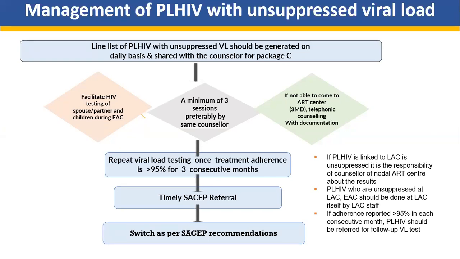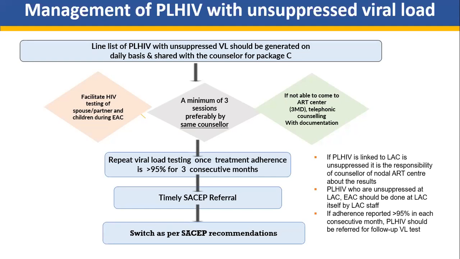And if the adherence has improved to more than 95%, a repeat viral load testing should be performed after 3 months. If in the repeat viral load testing the viral load comes out to be less than 1,000, the patient can be recategorized as a stable patient, and we can advise to continue on the same treatment guidelines.